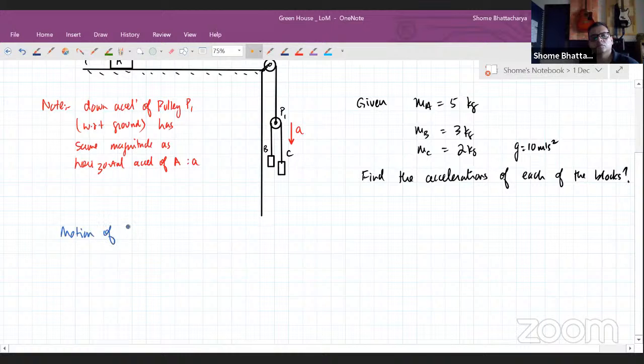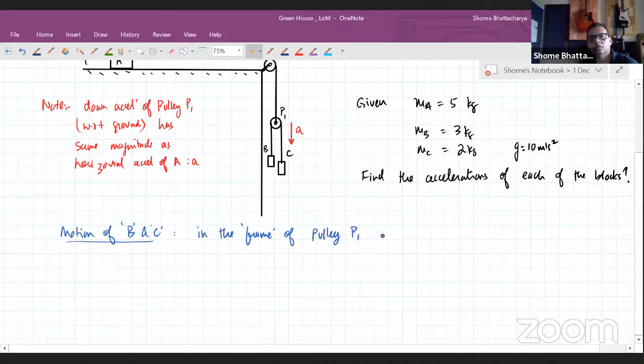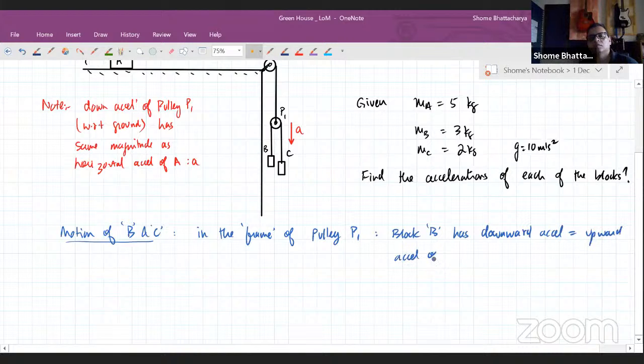For that, we have to understand the motion of B and C if you look in the frame of the pulley P1. The block B has a downward acceleration which is equal to the upward acceleration of block C. Let us say this acceleration is a prime.